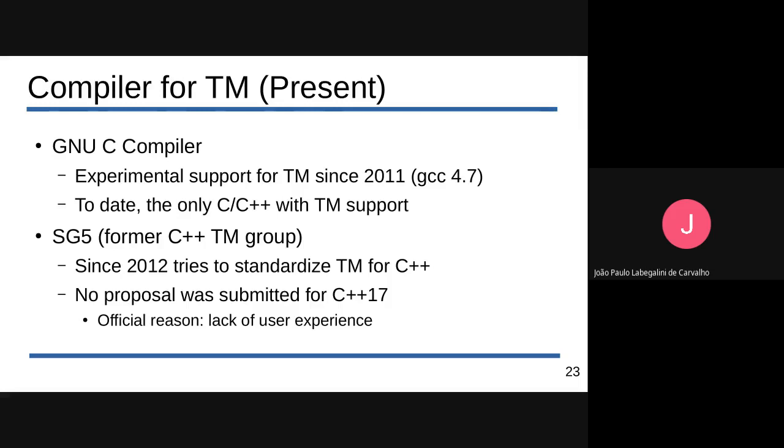However, the last proposal was submitted in 2017, and it was not accepted. The main reason for the rejection of the proposal is the lack of user experience. And that user experience has a lot to do with the performance we saw in the previous graph.